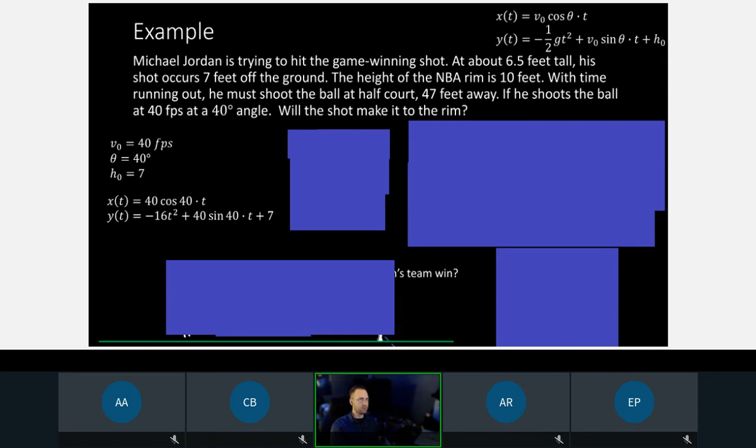And then just like the last problem, you have two ways to approach this problem. You can look at it as, let's calculate the time it takes to get to the distance needed, or we can calculate the time needed to get to the height we need.